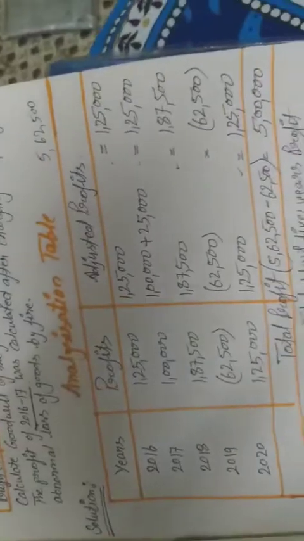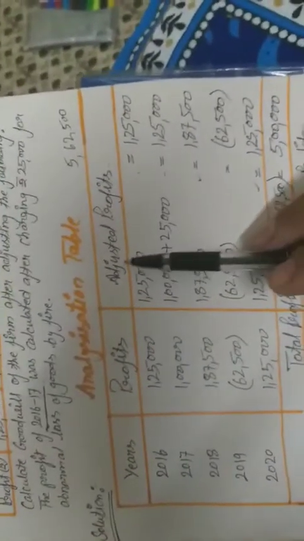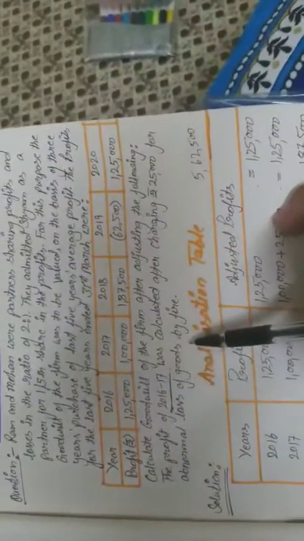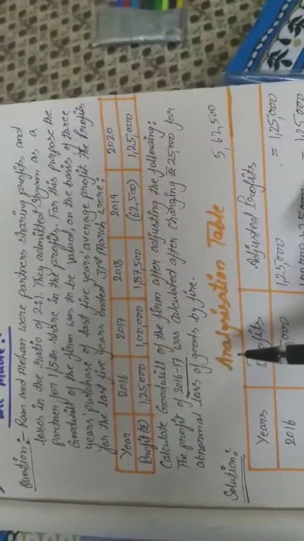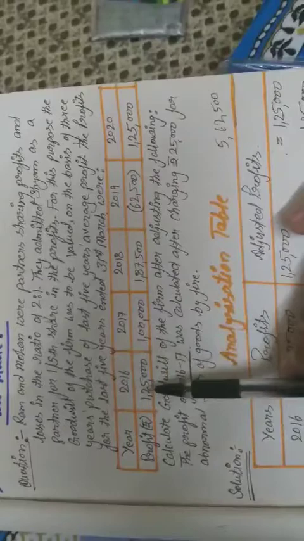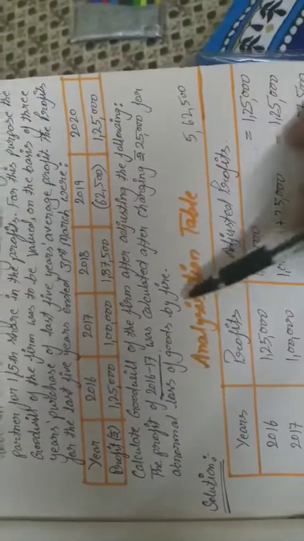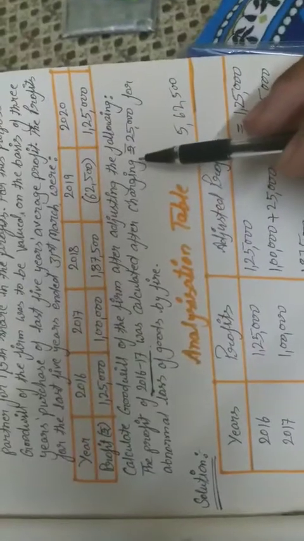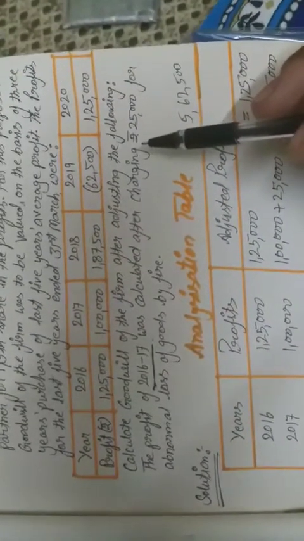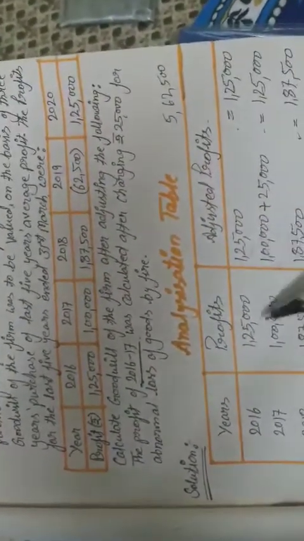So what we have learned extra in this problem is to calculate the adjusted profit, whatever the adjustments given in the question. Whatever profit is given, we write it over here, and then we adjust all the adjustments given in the question.